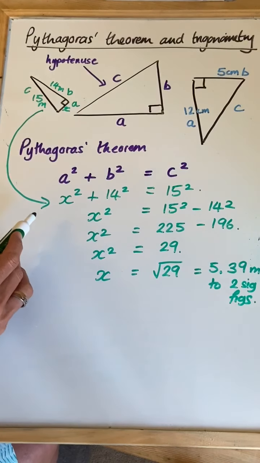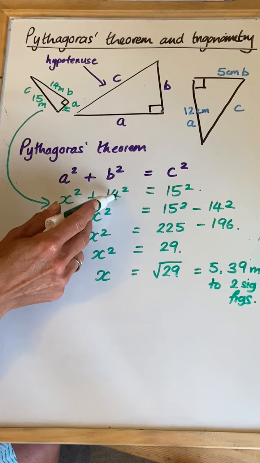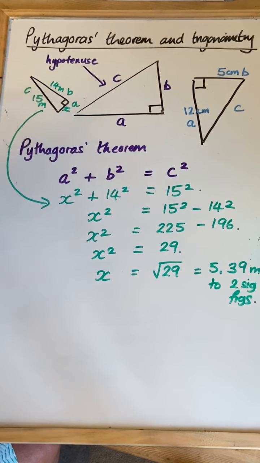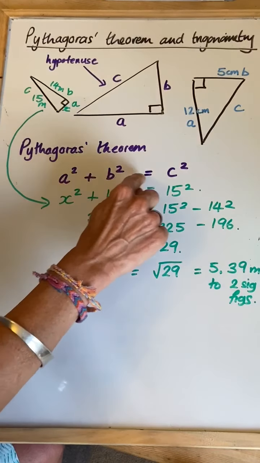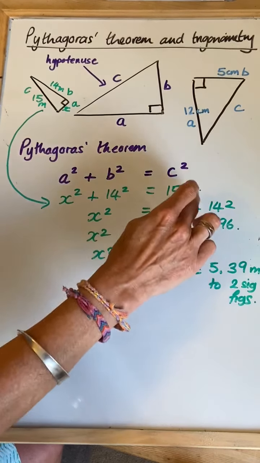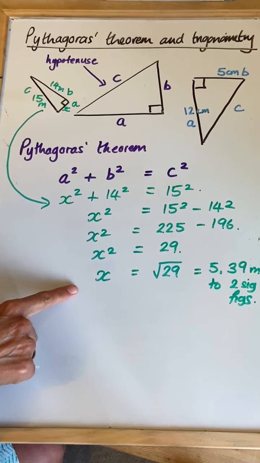Okay, so that's an example where we have the shorter side and the hypotenuse, and we are looking for the other shorter side. So we've done one where we found the hypotenuse and one where we found a shorter side. And both times we've just substituted into Pythagoras' theorem, and then we have rearranged it so that we can find whatever our missing side is.